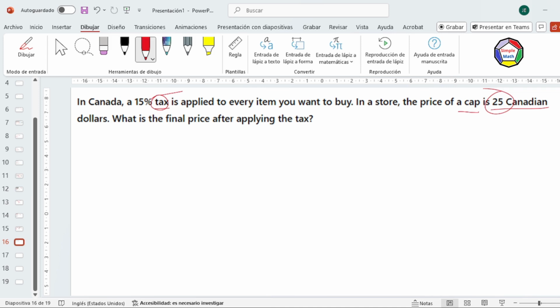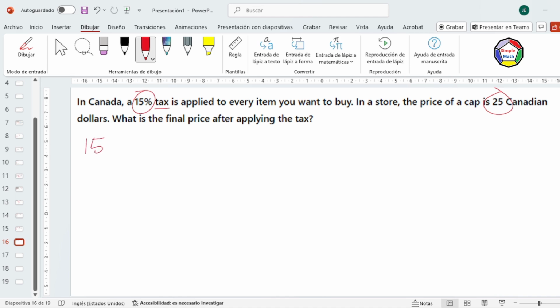Tax rate. All right, so step number one is to get the 15% of 25. That's something I'm going to do. That's the first step. Once we get that percent, we add that result to the initial price. So let's begin with 15%.